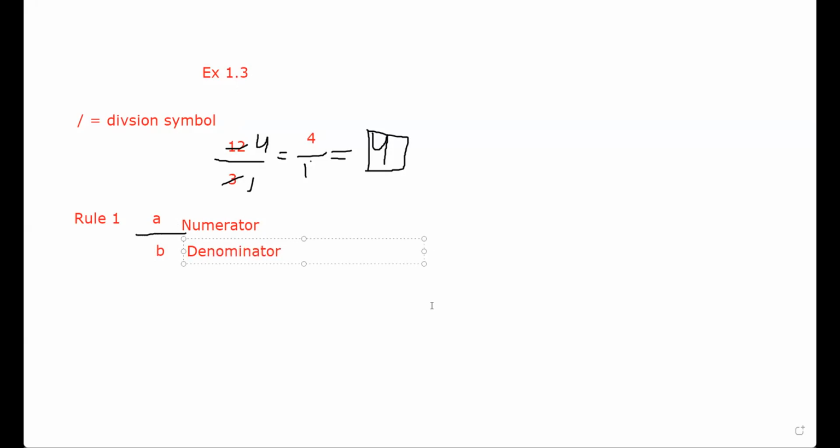Okay, my dear students, so numerator upon denominator forms a fraction. One more thing is that we have to learn a few rules, which are very important before solving the exercise questions.